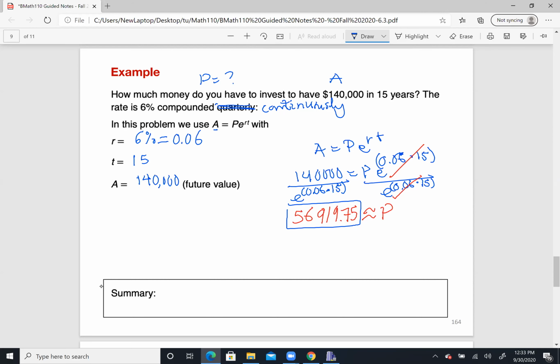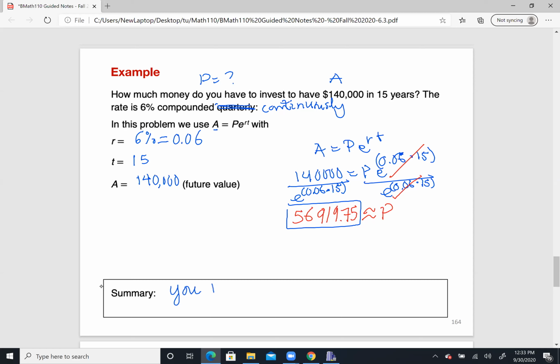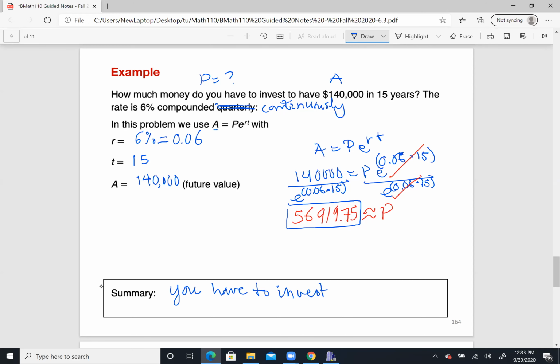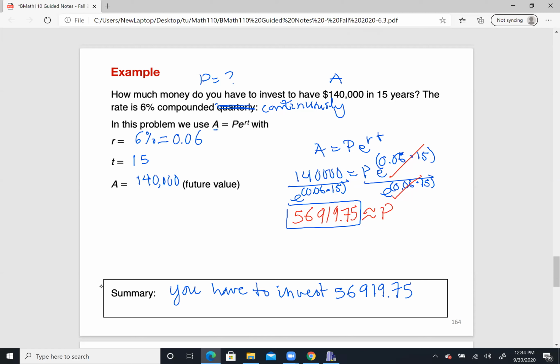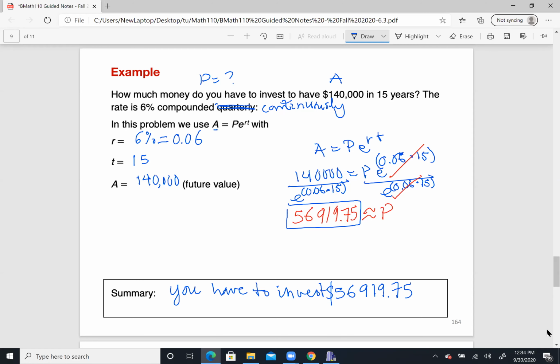Okay, and they're gonna say you have to invest $56,919.75 for 15 years to get $140,000. Okay, so that is for this example.